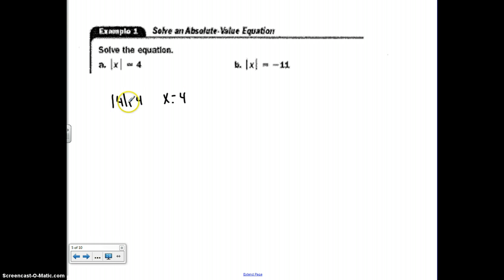Because 4 is 4 units away from 0, and negative 4 is 4 units away from 0 as well. So the answer would be positive 4 and negative 4. All I really did was set whatever's inside the absolute value symbols equal to plus or minus the number outside. Well, this one I can't solve because I can't take an absolute value of any number and get a negative number. So that would be no solution.